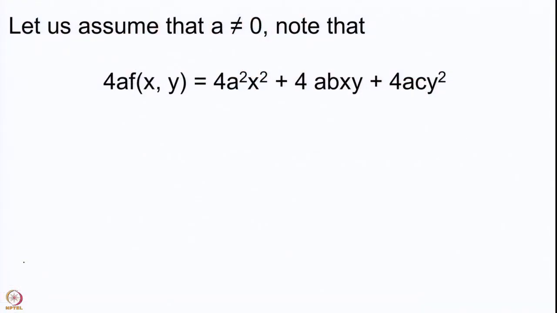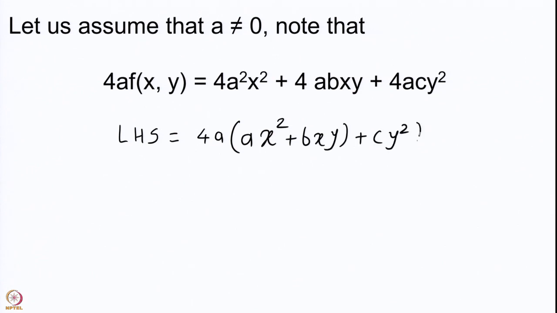This is something which is very easy to compute. The left hand side is 4a into ax square plus bxy plus cy square, and indeed what you get is 4a square x square plus 4abxy plus 4ac y square.